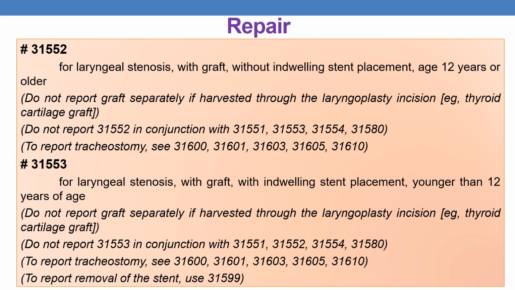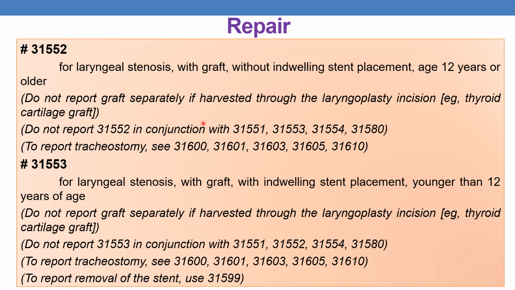The next CPT is 31552. It deals with laryngoplasty for laryngeal stenosis with graft without indwelling stent placement, age 12 years or older. Previously it was younger than 12 years. Now it is 12 years or older.